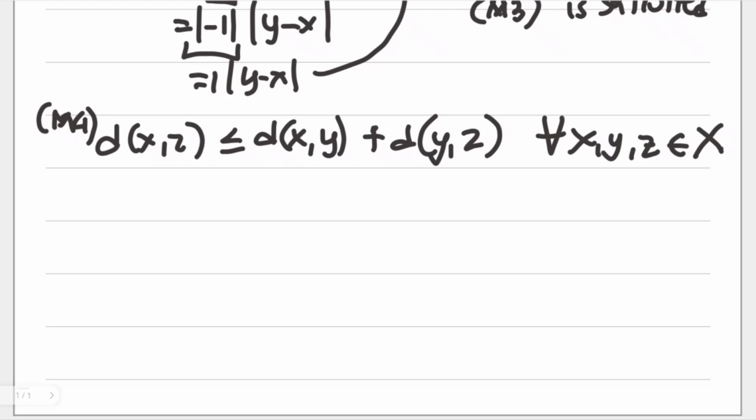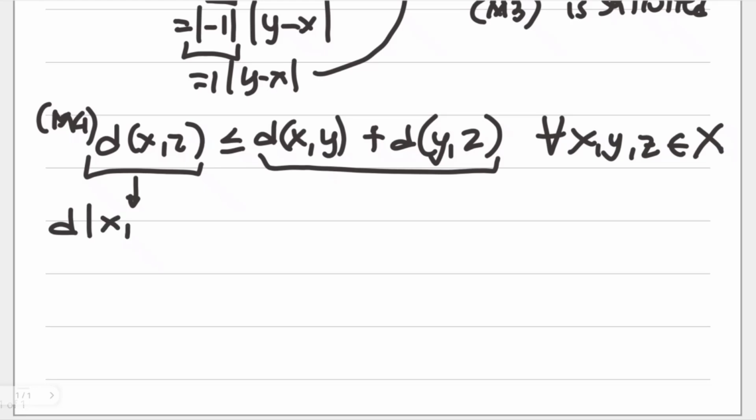Now take note that we can always manipulate both sides as long as we could reach that this value is less than or equal to the sum. So let's take the distance of x and z. Per definition, this is the absolute value of x minus z.